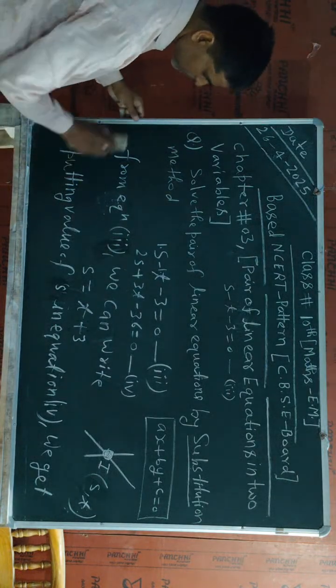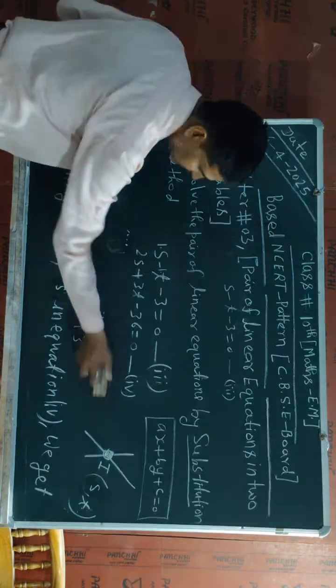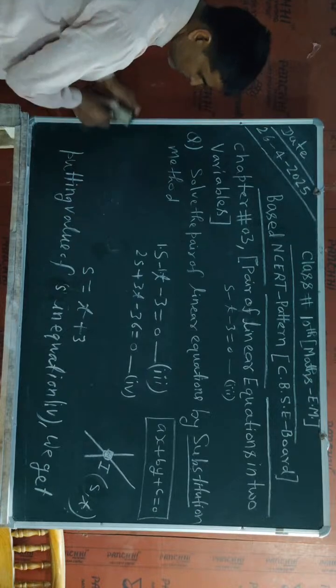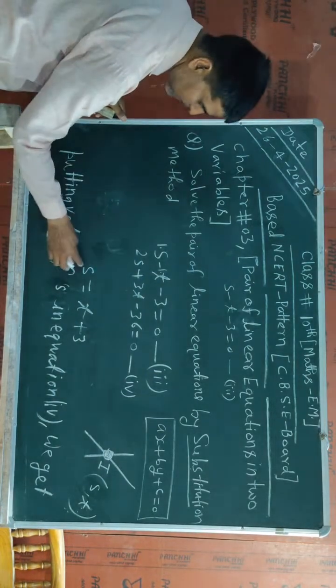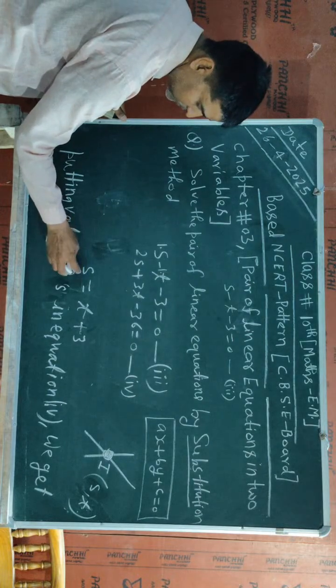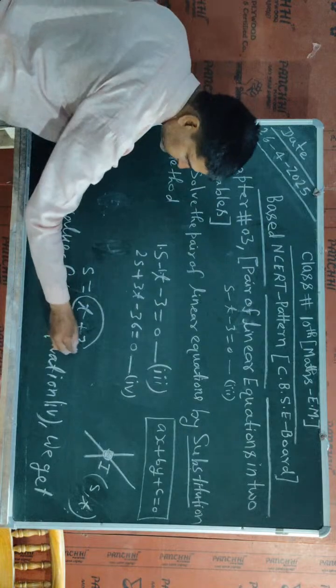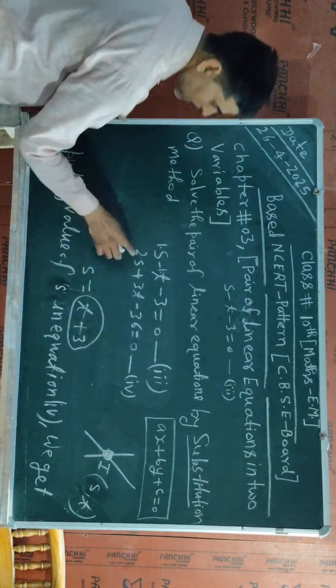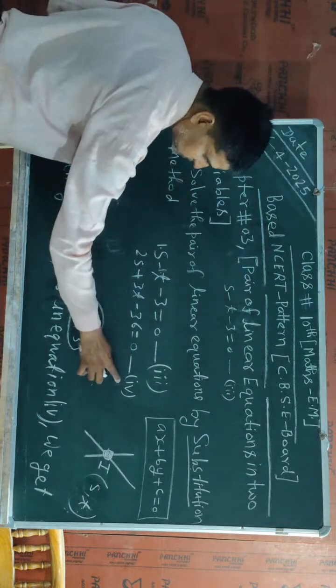Okay, now I am going to erase this above information and then I will use this concept. So this is the information: I have to put the value of s, which is t plus 3, in the place of s in equation 4.